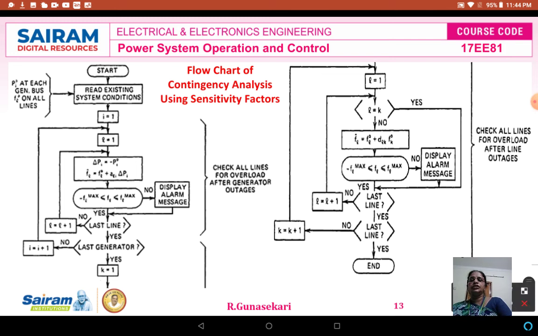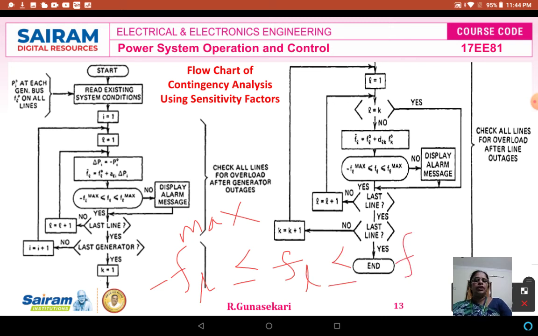After executing this, we can compare: minus FL maximum less than or equal to FL less than or equal to FL maximum. Minus FL maximum is the negative value of the line flow, and FL maximum is the positive value of the maximum line flow.